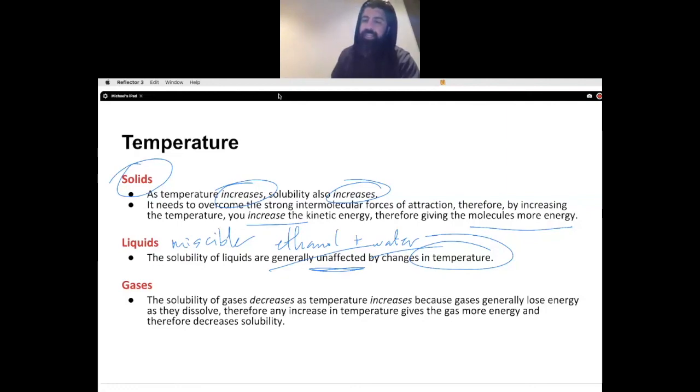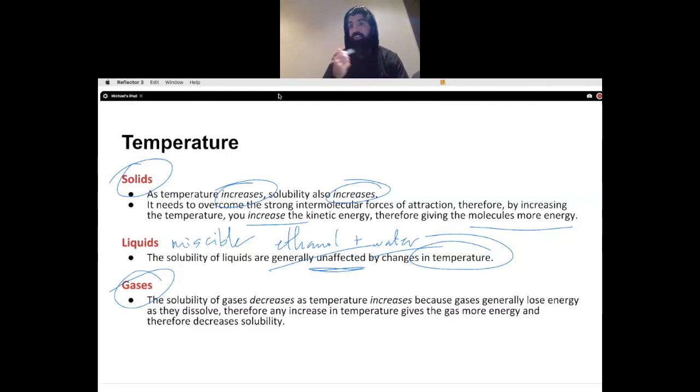And lastly, gases. The solubility of gases, in fact, will decrease as temperature increases. That's because gases generally will lose energy as they dissolve. Therefore an increase in the temperature gives the gas more energy and therefore decreases their solubility.